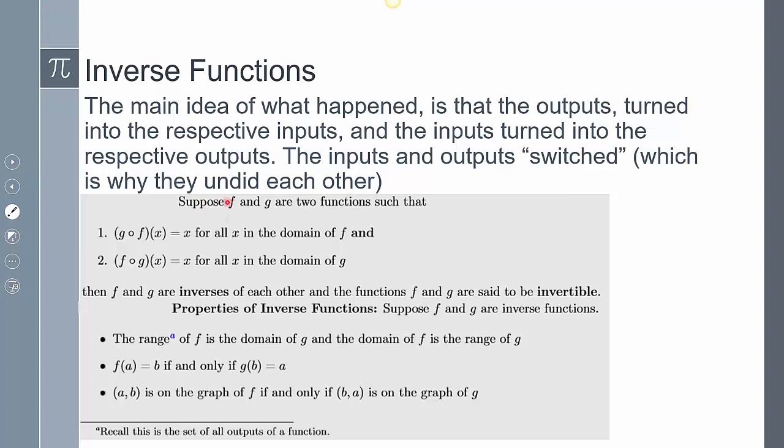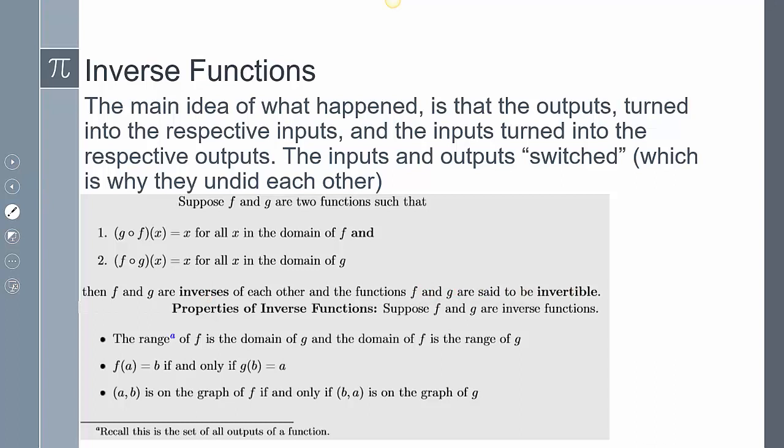But going into that, if I have those two functions, I can formally say that f and g are two functions such that if I take the composition of them in either order, it equals x for all x in the domain of f, and for all x in the domain of g. So taking this composition of each other, if they simplify into this x, then I can say that f and g are inverses of each other, and that the functions f and g are said to be invertible.